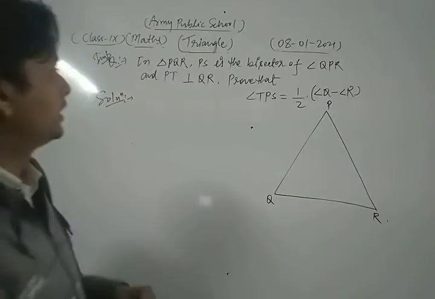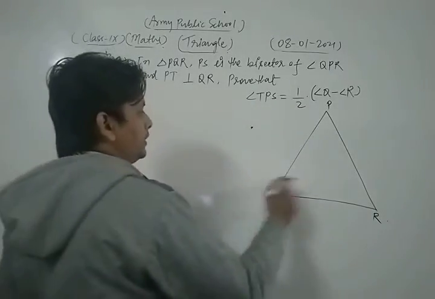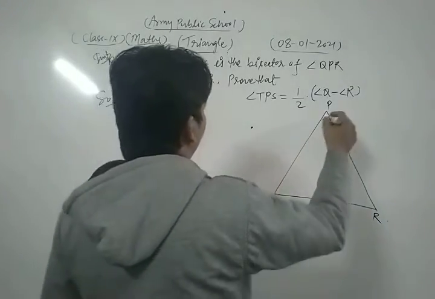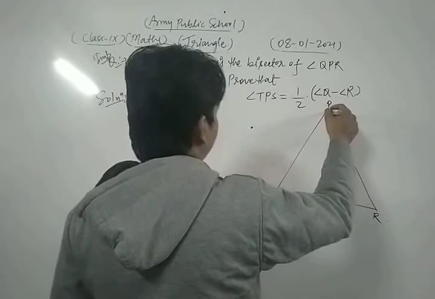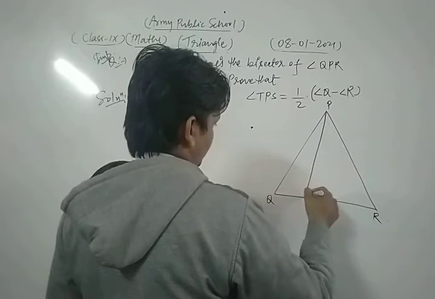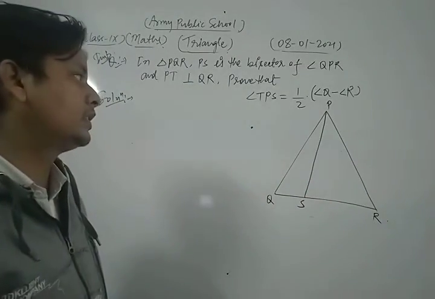According to the question, PS is the bisector of angle QPR. Suppose we draw PS, and PS is what?